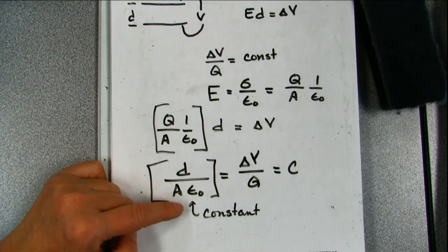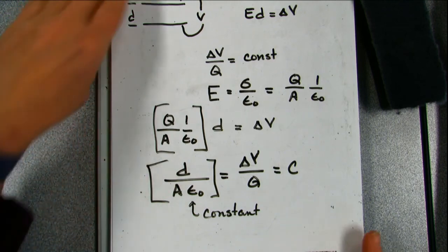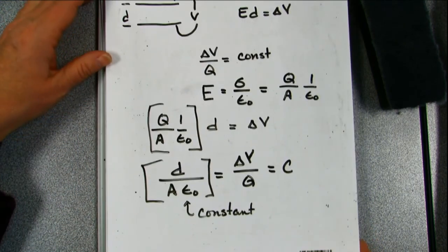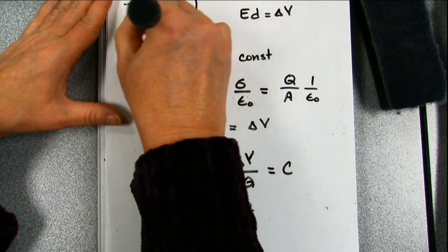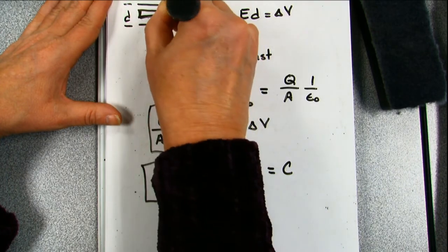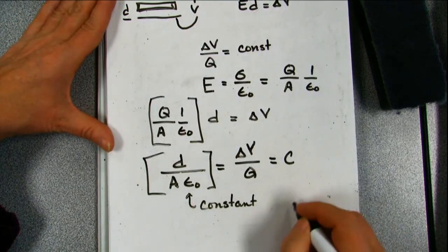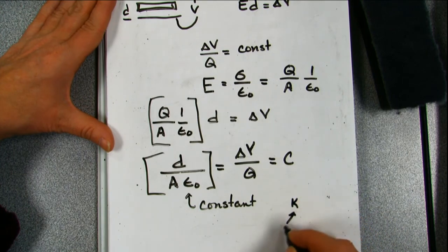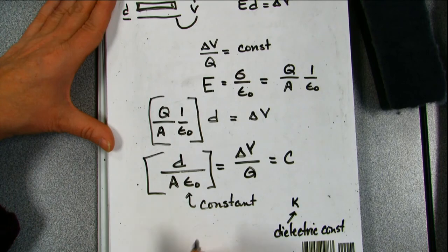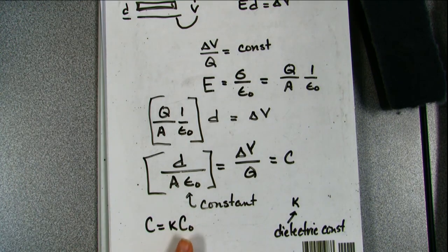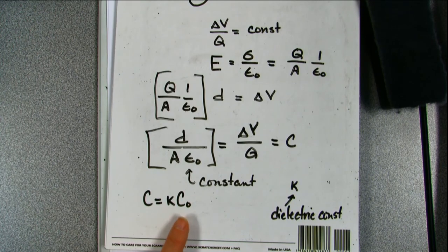We can do a variety of different things. One of the things we can do is, this is the permittivity of free space, i.e. air. I could put some other material in there, and then we can put in something we call a dielectric constant. So our capacitance in general is going to be a dielectric constant times the capacitance in air.